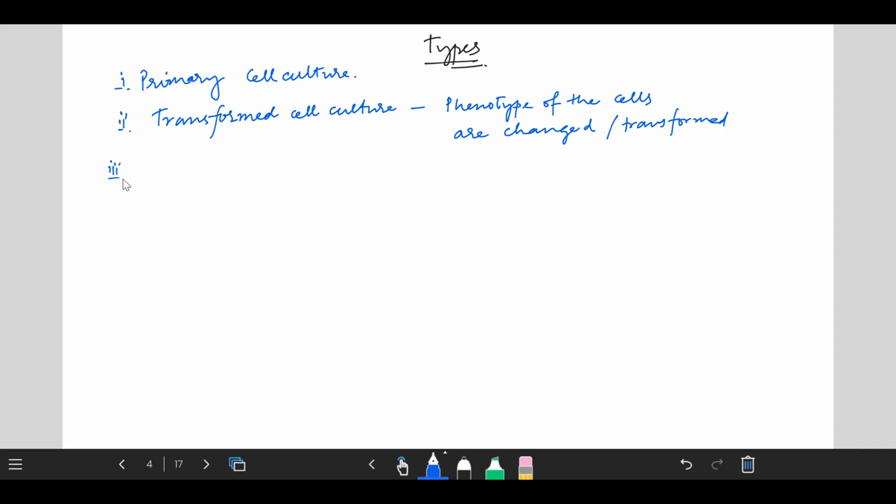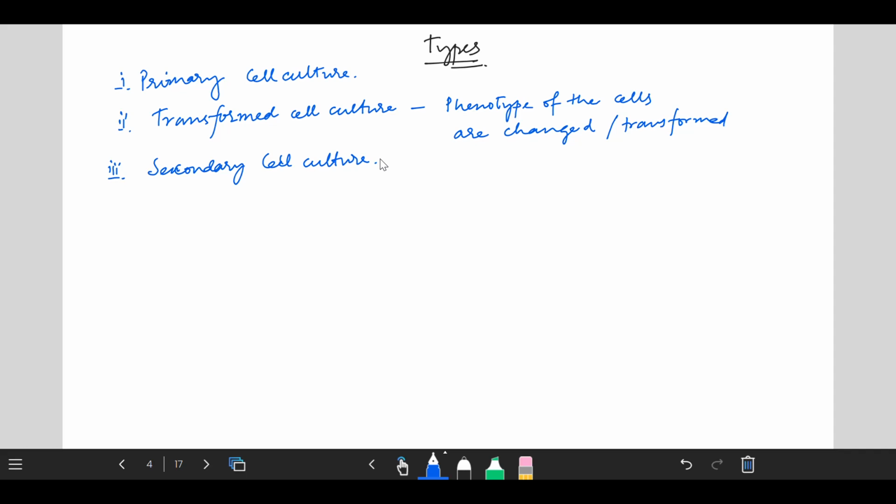The third one is secondary cell culture. What happened in this cell culture?